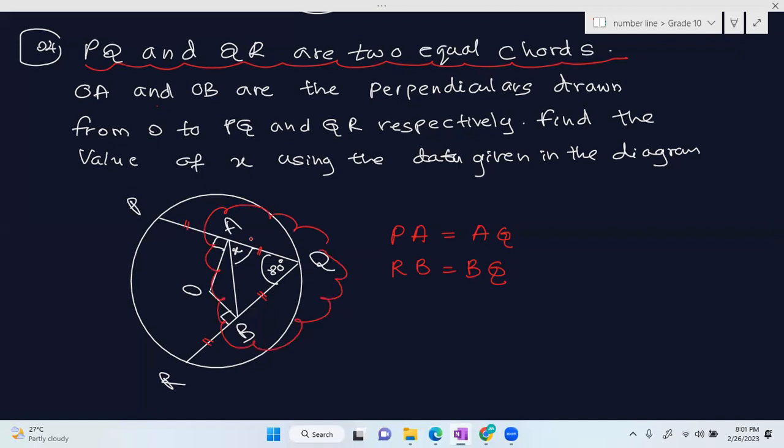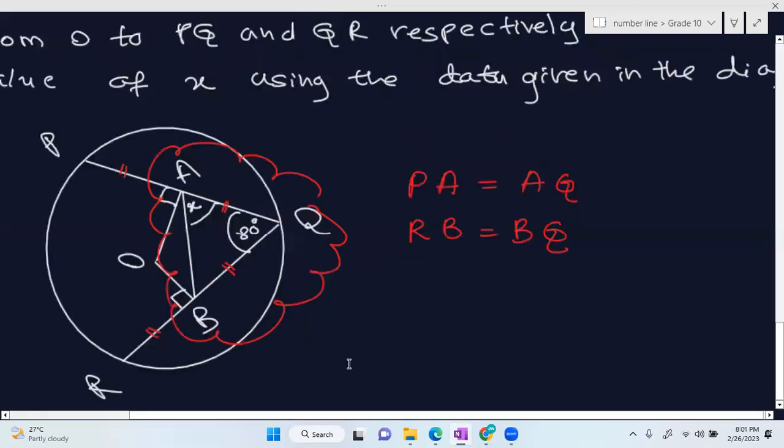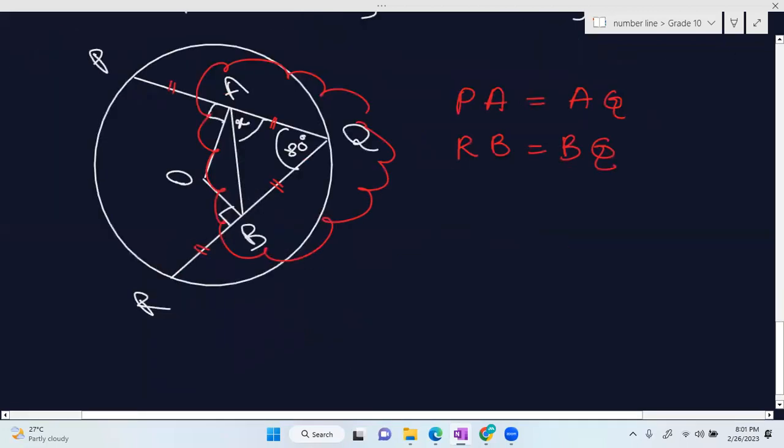Then when we have an isosceles triangle, the angles opposite to the equal sides are equal. Therefore, we can write this is also x. So if we write the answer, x plus x plus 80 equals 180.